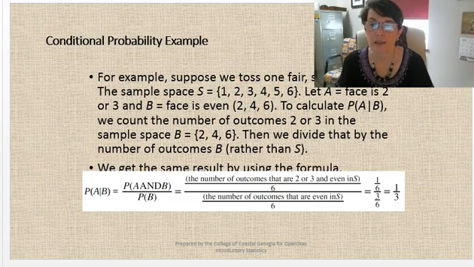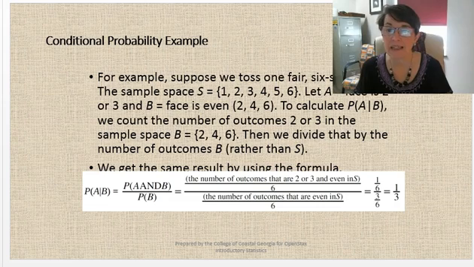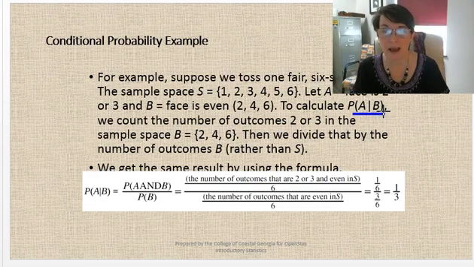So if we're going to toss this coin again, right? I know one fair 6-sided dice, the sample space is going to be 1 through 6. So if A is going to be a 2 or a 3, and B is going to be an even number, a 2, 4, or 6, if we are calculating the probability then of A happening after B has happened, we're going to count the number of outcomes.